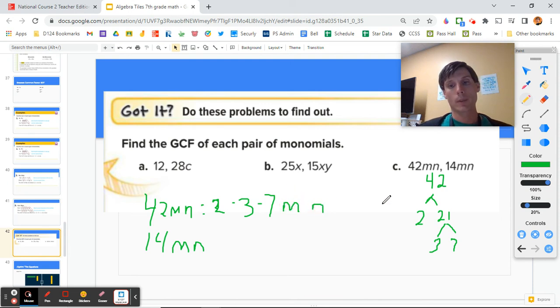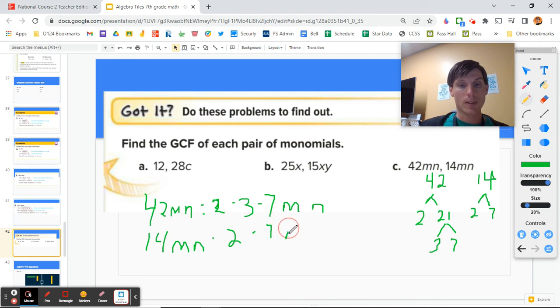Let's look at 14. Do a quick prime factor tree: 2, 7. Again, 7's prime, 2's prime, we're good. We have 2 times 7 times m times n. There we have it.